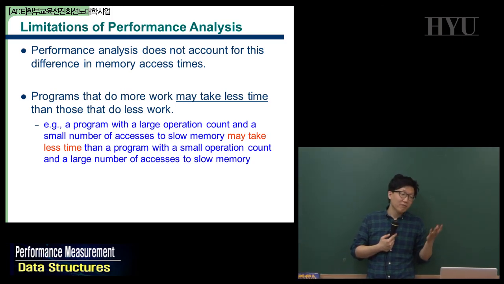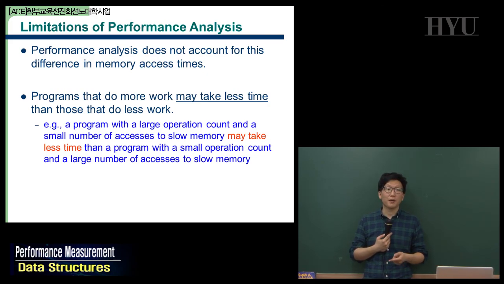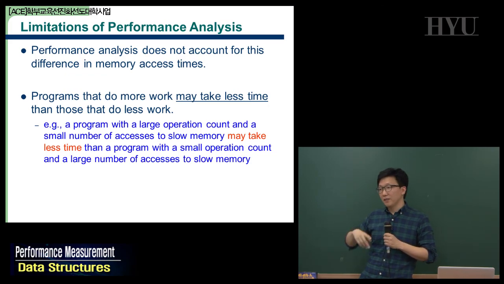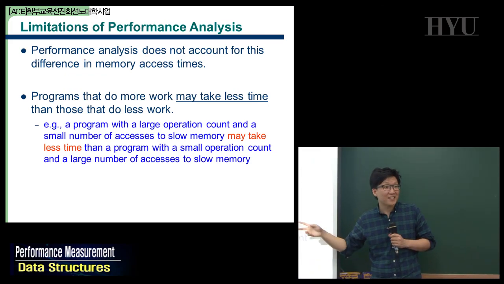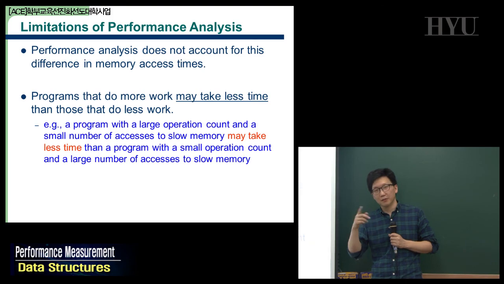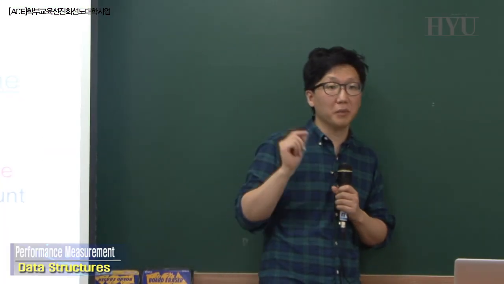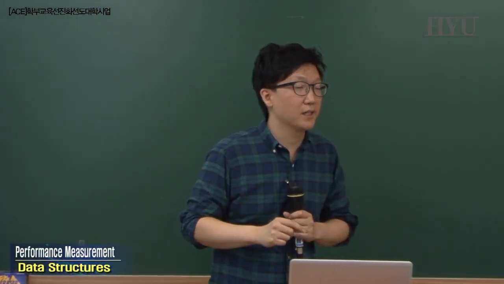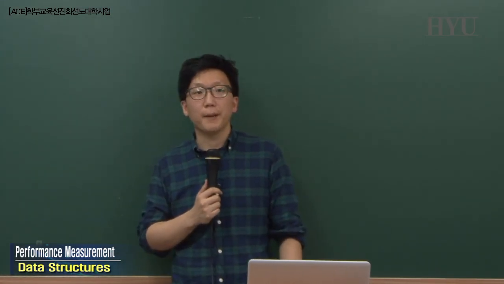So the large program may finish faster than the smaller program, while the smaller 50 lines of code program requires a lot of memory operations. It means it takes a lot of CPU cycles. Taking a lot of CPU cycles means a longer time to finish the job of a program.